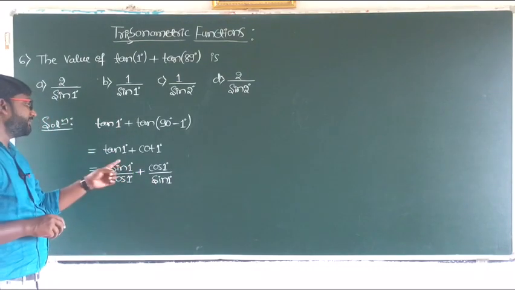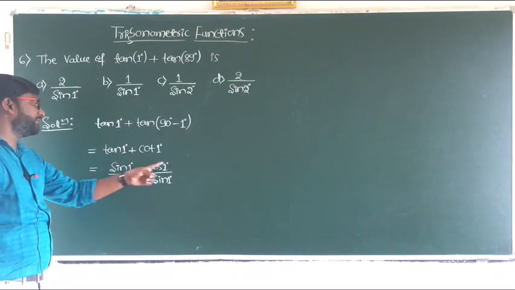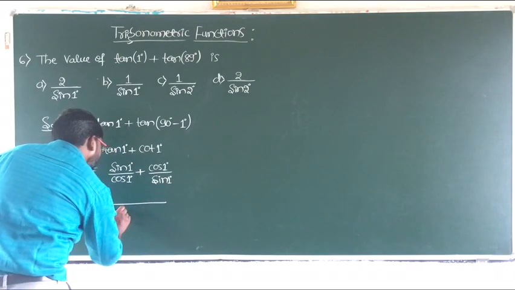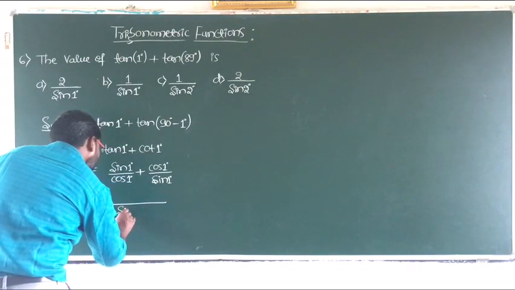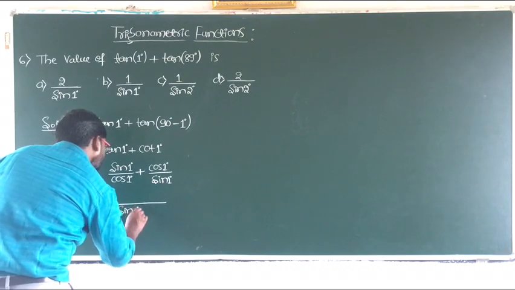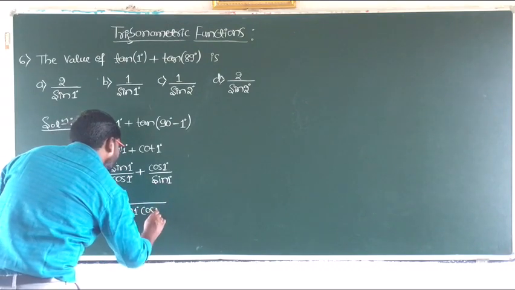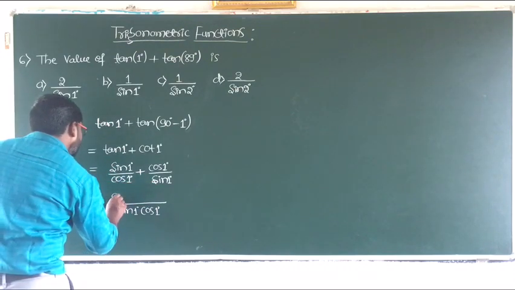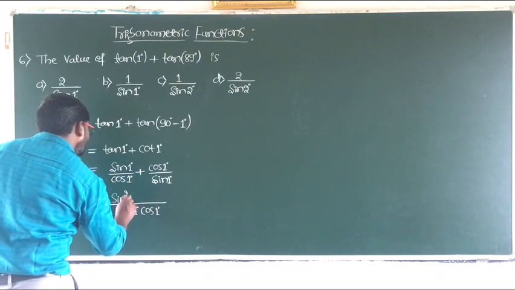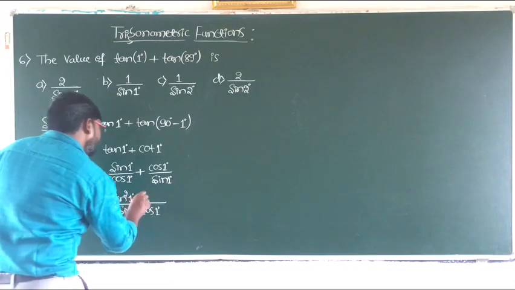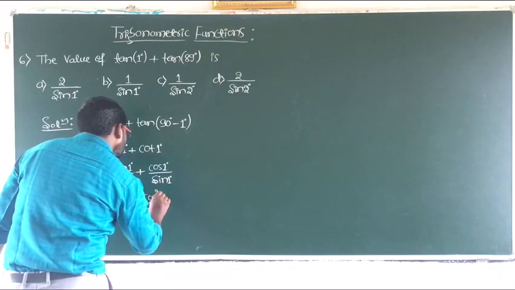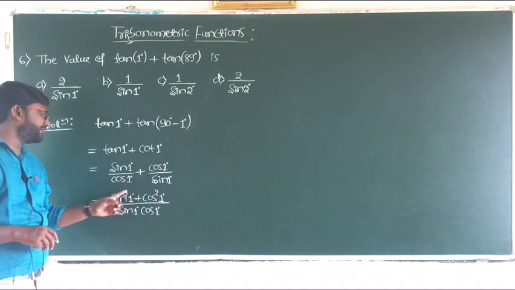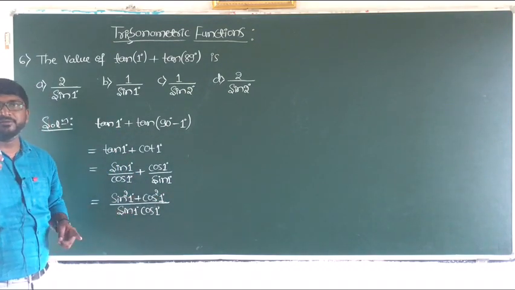Sin 1 degree will be multiplied with sin 1 degree, cos 1 degree will be multiplied with cos 1 degree, then divided by sin 1 degree into cos 1 degree, then here sin 1 into sin 1 will be sin square 1 degree plus cos square 1 degree. The numerator is in the form of sin square theta plus cos square theta, that will be 1.